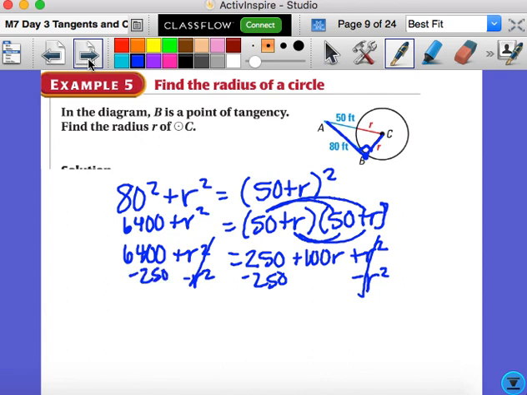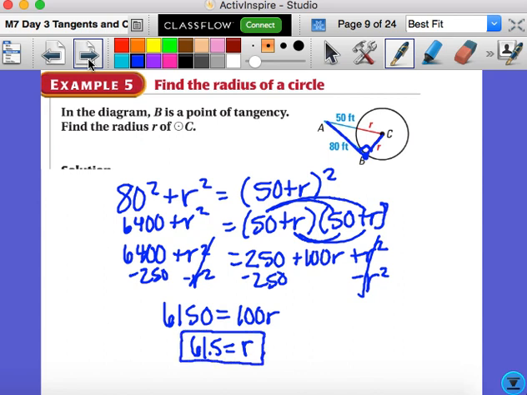So I'm going to take that 6,400 and subtract 2,500. And then I'm going to divide by the coefficient of r. And I find out that my radius is 39. So with that, I've used Pythagorean theorem to solve for the radius of a triangle with a point of tangency.